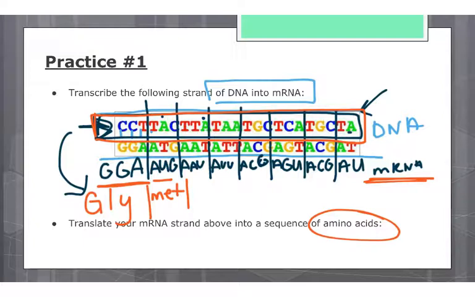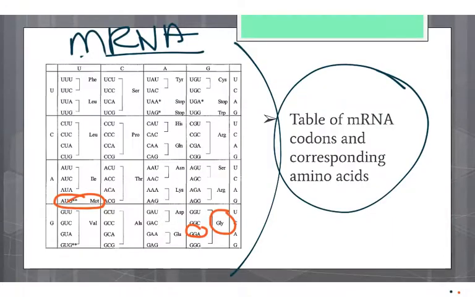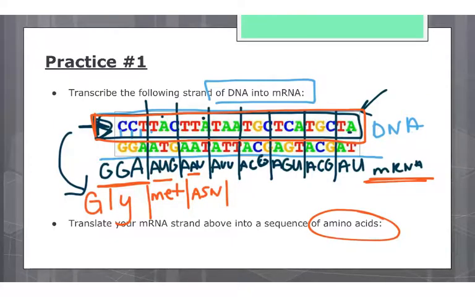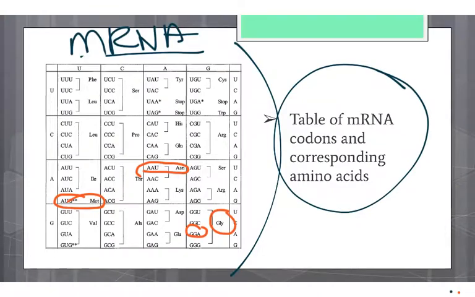Our next one is our AAU. And we are going to go here to find our AAU, which is our ASN amino acid. Okay, so let's go to our next one, AUU. And we go here and we find our AUU, which is our ILE amino acid.